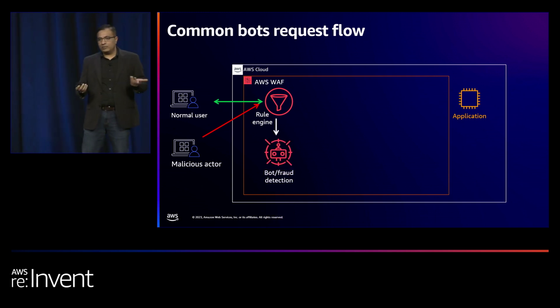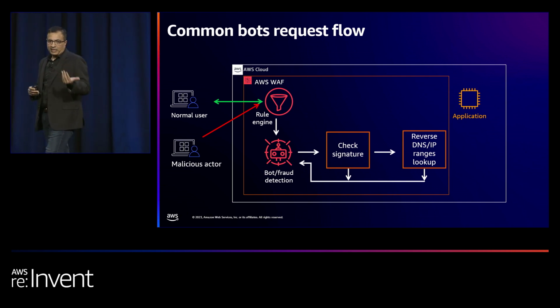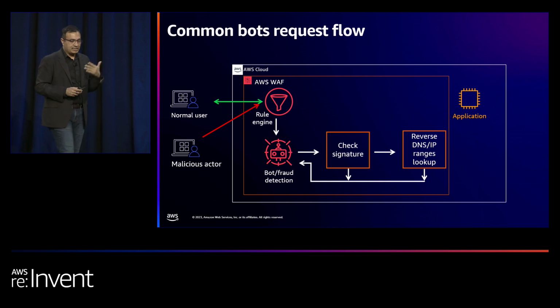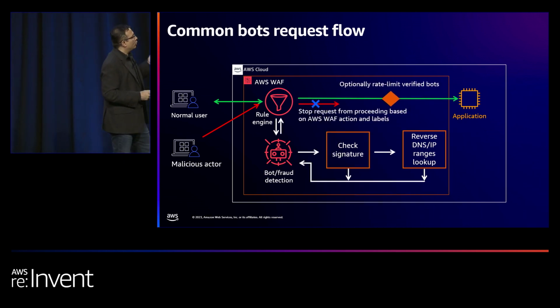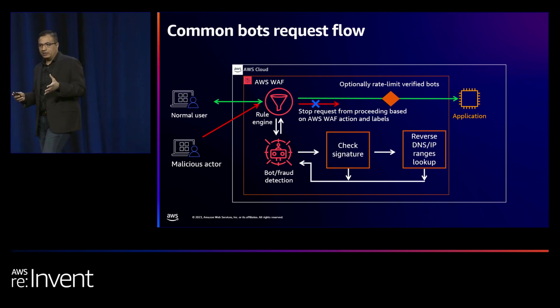It's configured for bot and fraud protection. It's inspected by the rule engine. It's inspected by the bots and fraud service, checks the signature, makes a decision, and you can allow the request, you can rate limit the request, or you can stop the request based upon rule actions, labels, and custom scripts that you could write using other things as well.